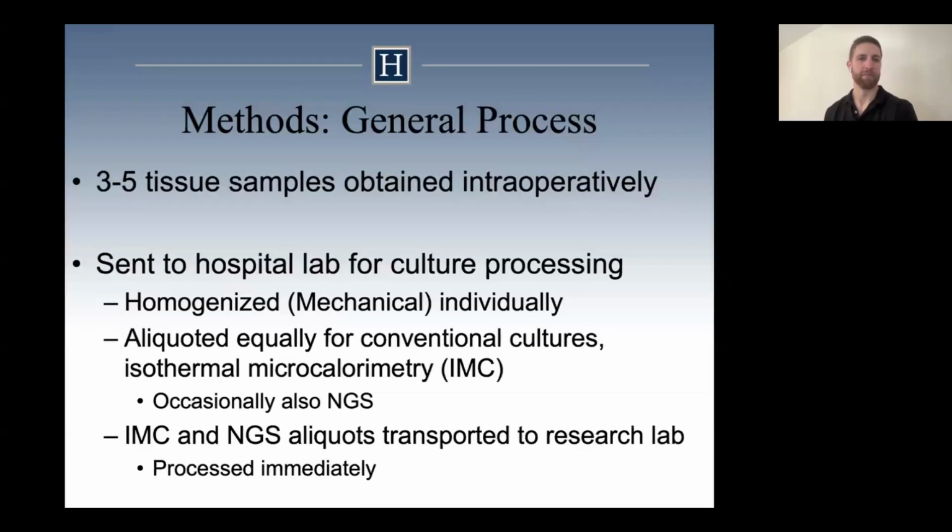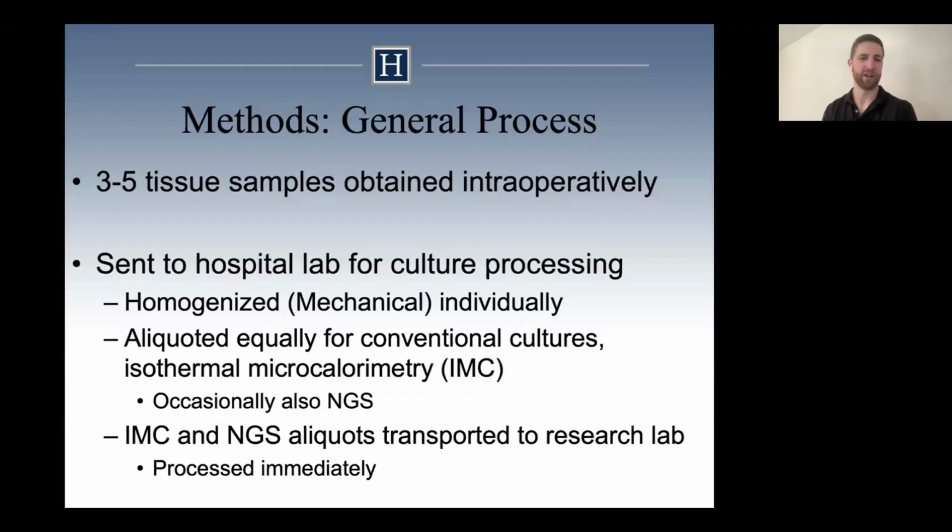Of the 3 to 5 tissue samples that are obtained intraoperatively, they were always sent to our hospital lab for standard culture processing first, as part of the traditional standard of care. They were homogenized mechanically and individually, so there was no pooling of samples.